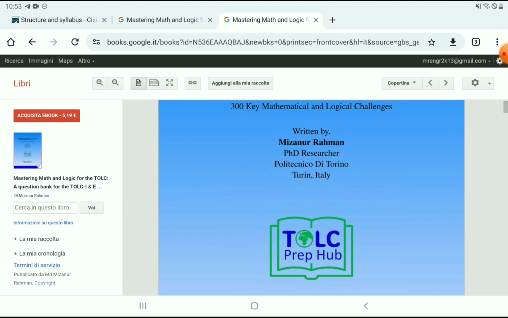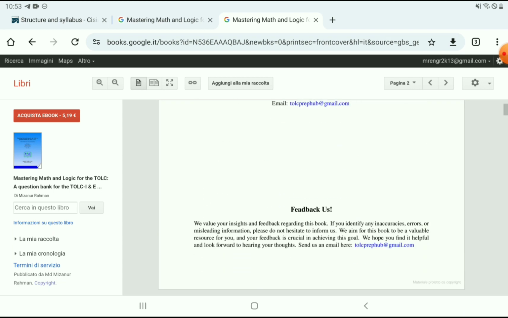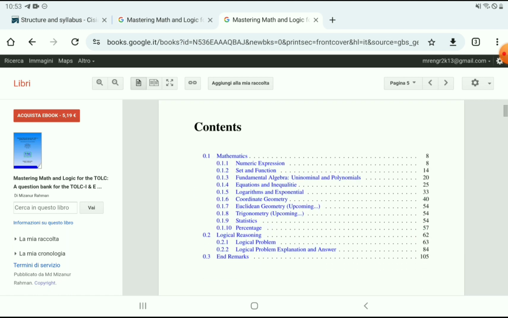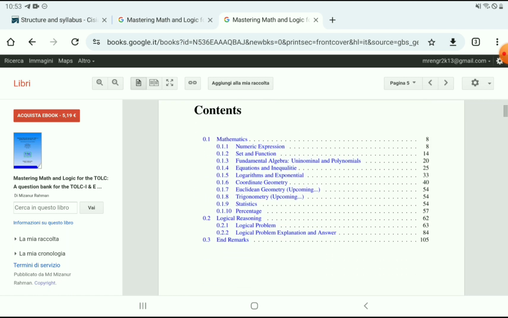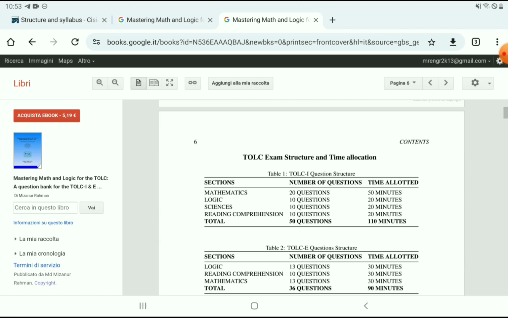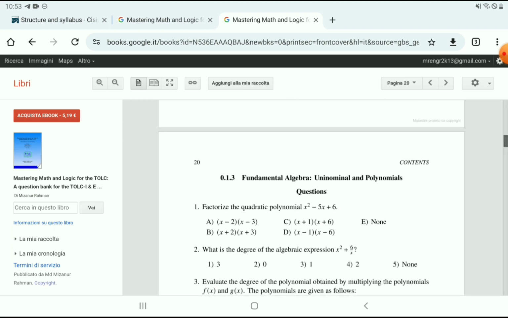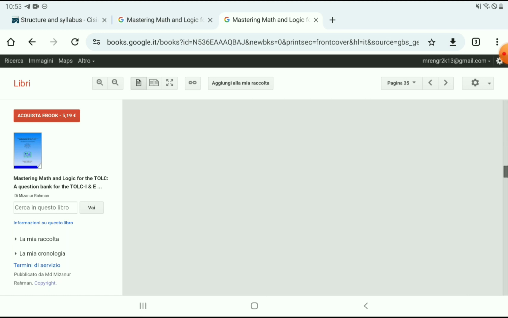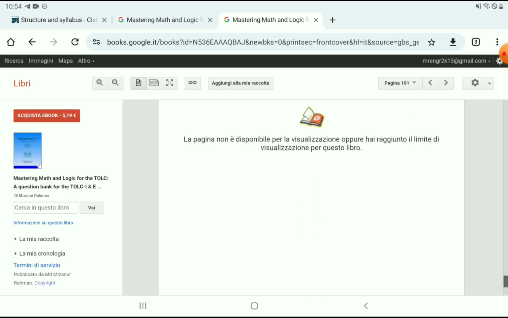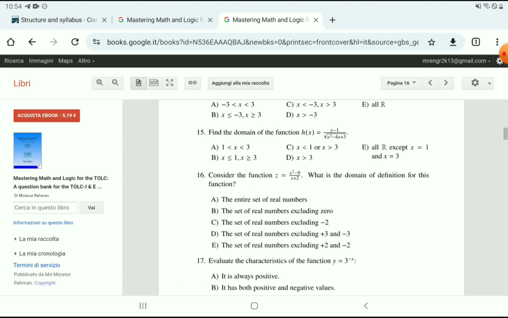Okay, so this is free, you don't need to pay for accessing the first pages, I guess until 34 pages, but some pages are missing, so in total most probably 24 pages you can see. So this way you can at least practice with the free access.